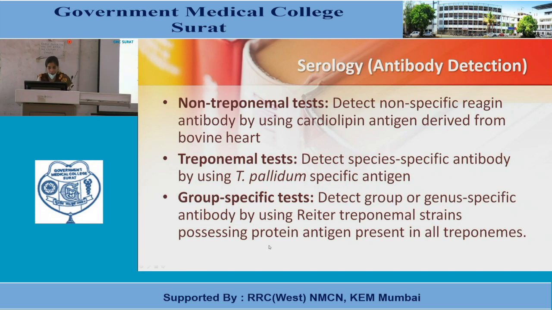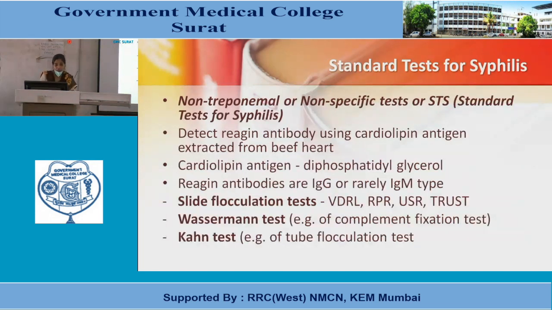So another is a standard test for syphilis. In a non-treponemal test, we detect non-specific reagin antibody using cardiolipin antigen extracted from beef heart. This cardiolipin antigen contains diphosphatidyl glycerol, the chemical name.